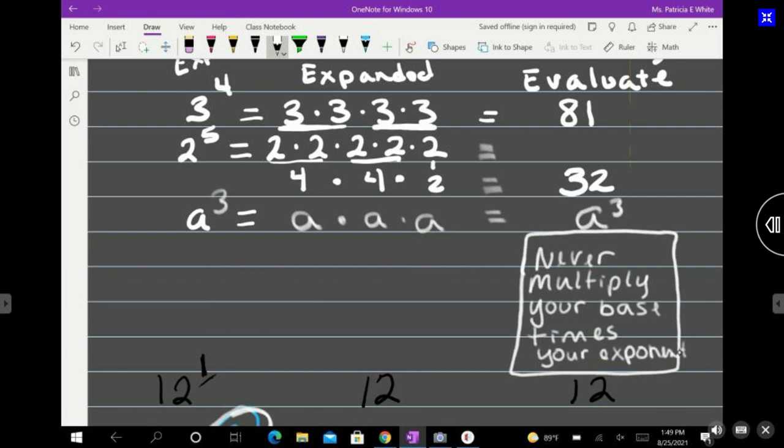I promise you, so many people are going to tell me that's a 12. That's the biggest mistake people make when it comes to exponents. So we're going to give ourselves a warning and never, ever multiply the base times the exponent.